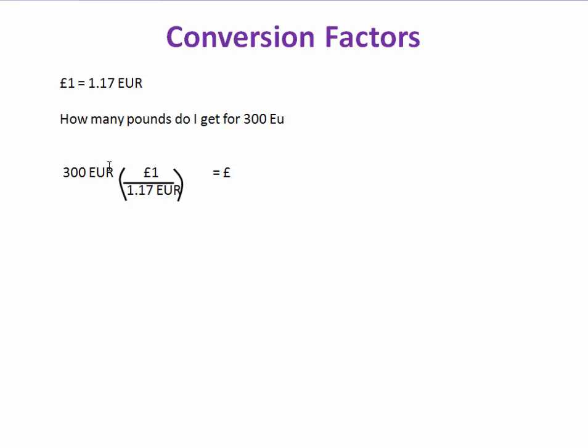We've got this euro here, so we want this euro on the bottom of the fraction so that we can cancel the euros out and get our answer in pounds. So when we cancel the euros, 300 multiplied by 1 over 1.17 gives us our answer, 256.41 pounds.